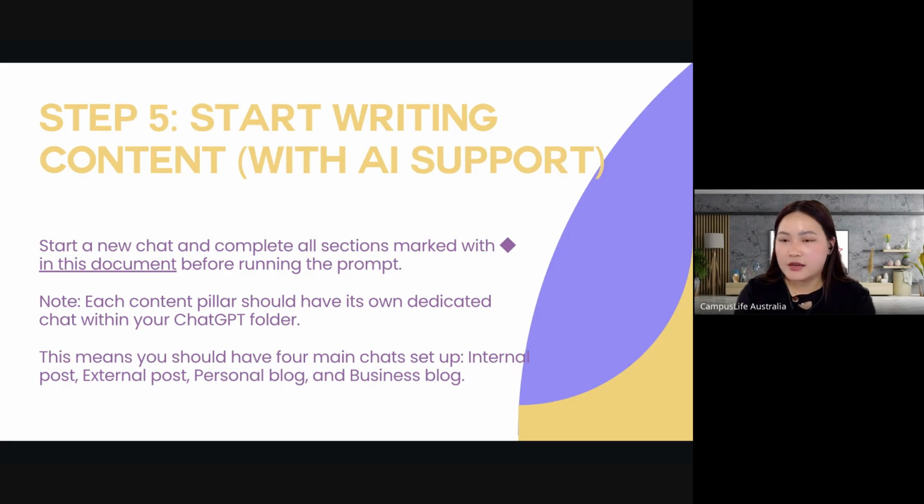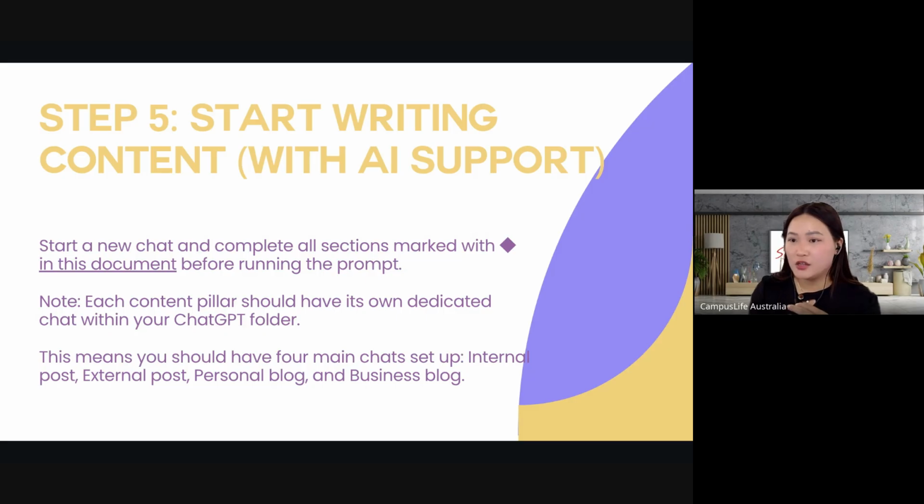So next, any other questions? Cool. So next, after you have all of those, the brand tone and the copywriting checklist, you will start writing content, but with AI support. We do have a specific prompt for you to put into ChatGPT so that it can generate the content that you want.